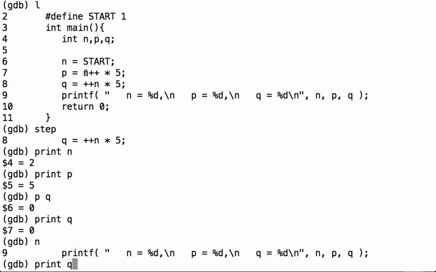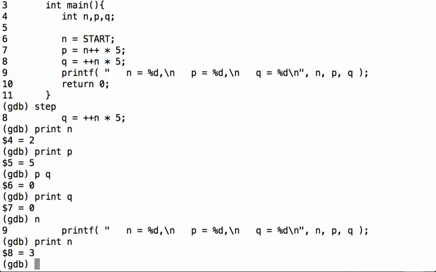Remember that we incremented n from 1 to 2, so we saw that here. Now what we're doing is we're saying increment it again, basically. So once we've stepped over that statement number 8, and now we're going to execute number 9, the printf, at that point, n is definitely incremented. So n is definitely 3. So let's try that out. n is definitely 3.